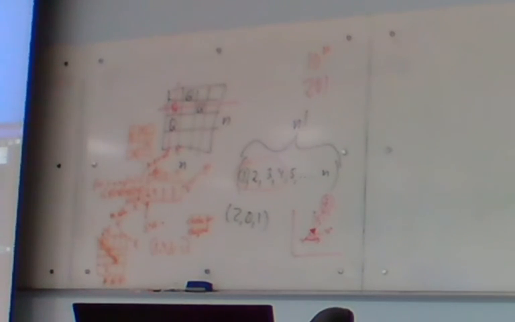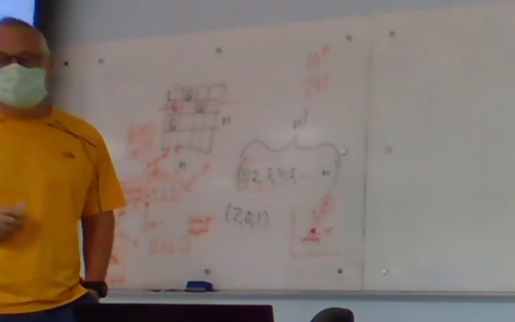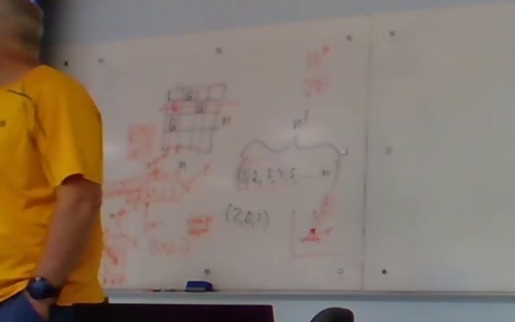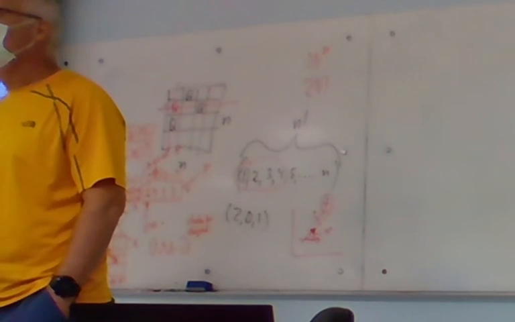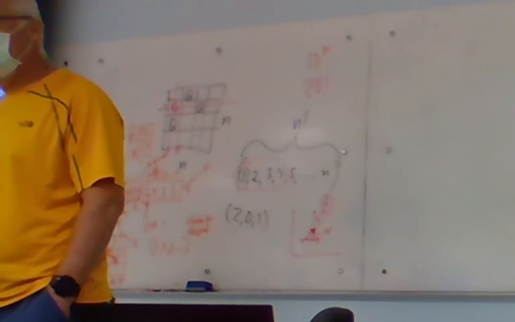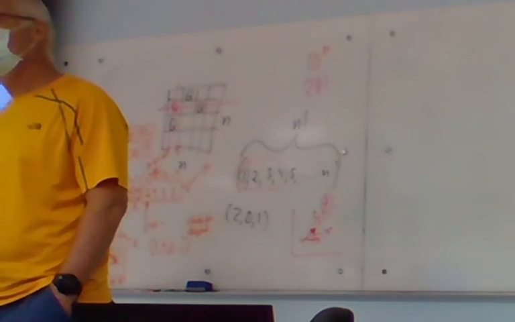So 1 plus 1 is 2, 2 plus 1 is 3, 3 plus 2 is 5, 5 plus 3 is 8, 8 plus 5 is 13, 13 plus 8 is 21, 21 plus 13 is 34. Okay? So this is a simple function.